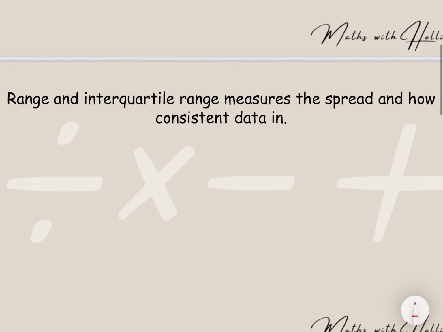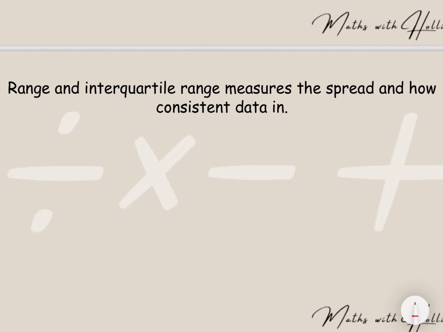When we look at range or interquartile range, we're measuring the spread of data and how consistent the data is. For example, if you have a large range or a large interquartile range, that means that your data is spread out and it might not be consistent.